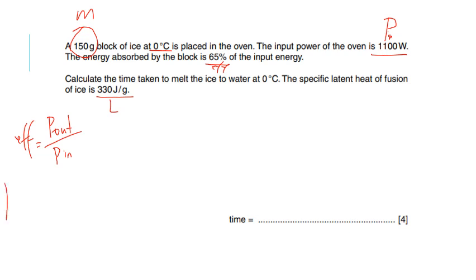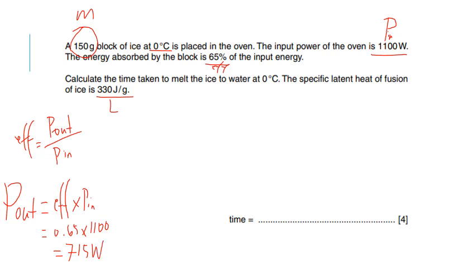So P out will be equal to efficiency multiplied by power in, which is 0.65 multiplied by 1,100. If we solve this by the calculator, the answer will be 715 watts.